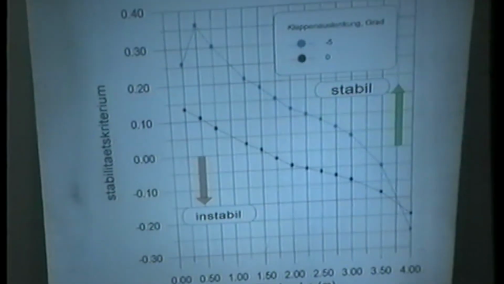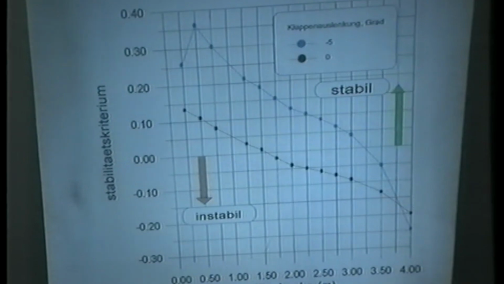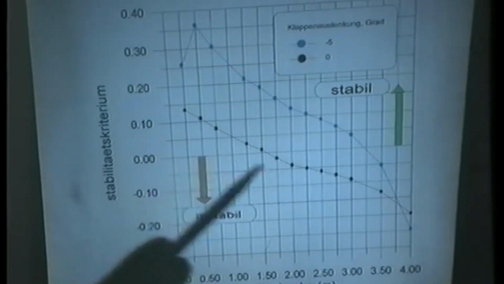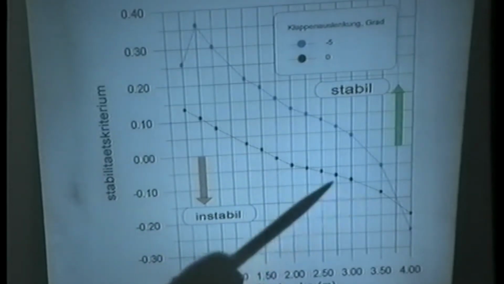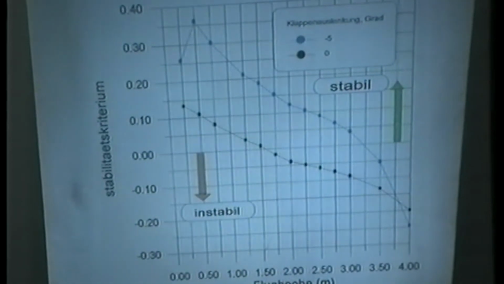Similar things are like that. Here also the same criterion with different flaps. Well, when we go with negative flaps, we can increase the stability. You see, there is a 0 and this is negative, so we have the chance also to influence the stability when we go with the trailing edge to negative.